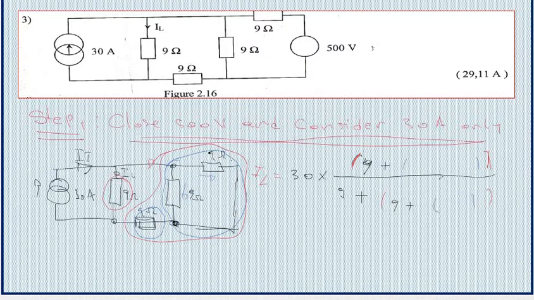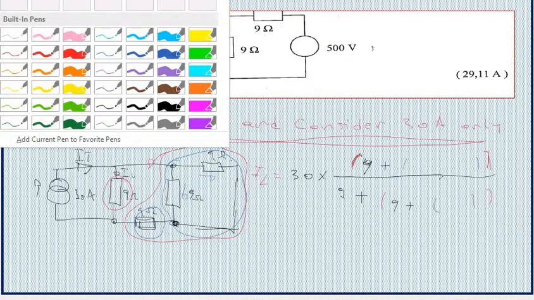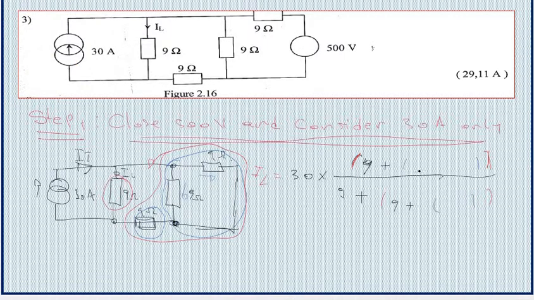I have that resistance and that one. Since they are in parallel, the equivalent resistance will be equal to the inverse of 1/9 for the first resistance plus 1/9 for the second resistance, since we are determining the equivalent resistance for two resistors in parallel.